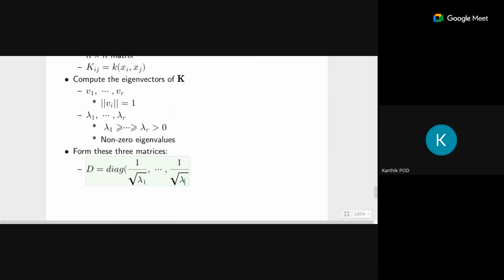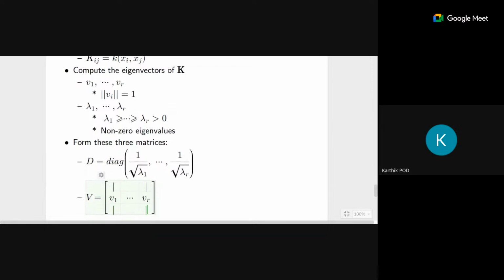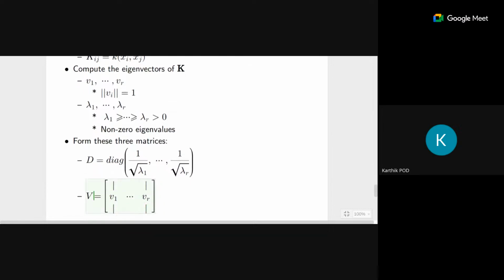So form this diagonal matrix. This is one matrix you have to form. The second one is made up of V1 through VR. To form this matrix, we have formed two matrices. The other one you already have, which is the kernel matrix.